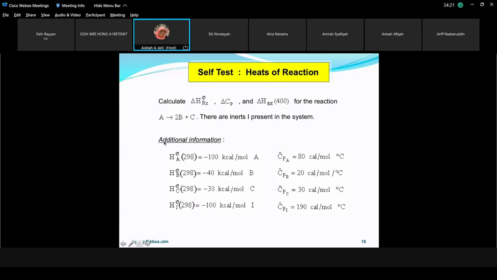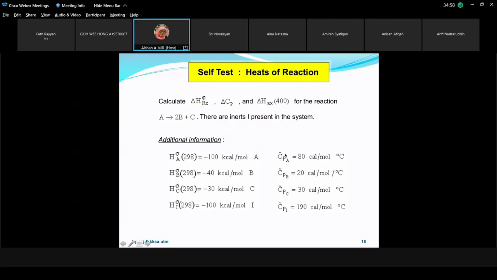So they give you additional information like this. 298 is 25 degrees, right? 273 plus 25. And then they give you the standard heat of formation for each species, and also the mean heat capacities for all species.